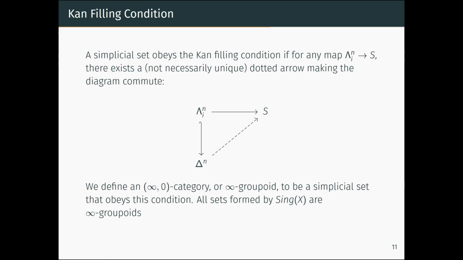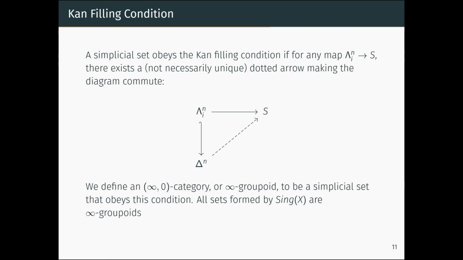And so this leads us, hopefully somewhat motivated, to the Kan filling condition, which is also the condition to be an infinity groupoid. So a simplicial set obeys this if for any map of these horns into the simplicial set, there's an extension along the inclusion into the standard n simplex. So we're asking that for any one of those little triangular diagrams of the form previously with two legs of morphisms, there's a third morphism that commutes, and there's the two morphism that fills it in.